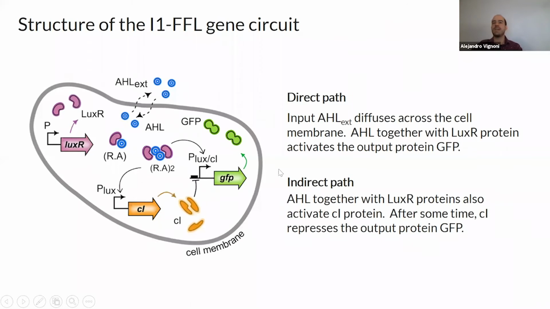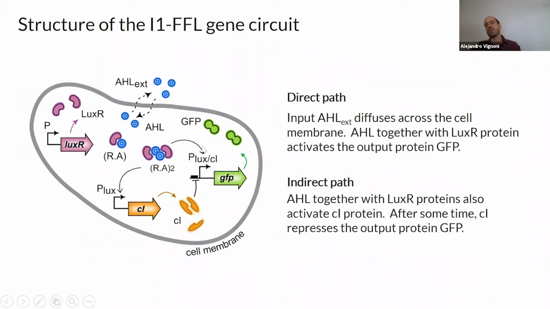And then the indirect path is another gene which has this same promoter, which gets activated when we have LuxR AHL, and this produces the CI protein, which inhibits or represses this former promoter here.